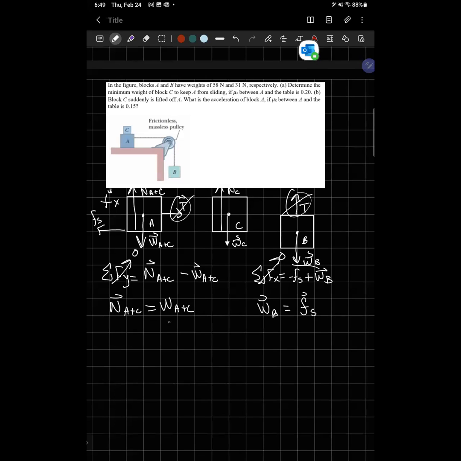I'm going to write the equation for weight, which is just mass times gravity. So the normal force of A plus C is equivalent to gravity, which I'm going to make positive, and then MA plus MC.